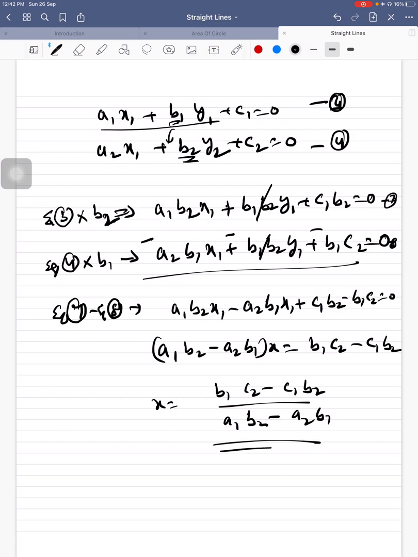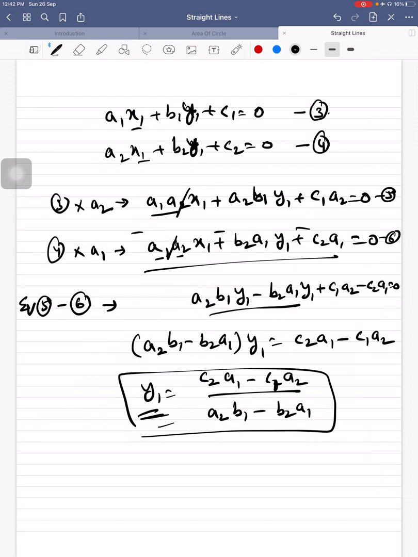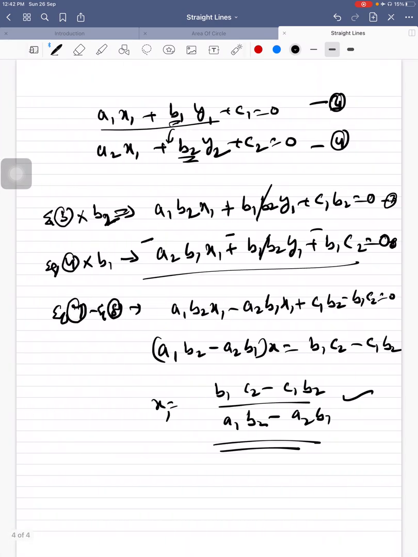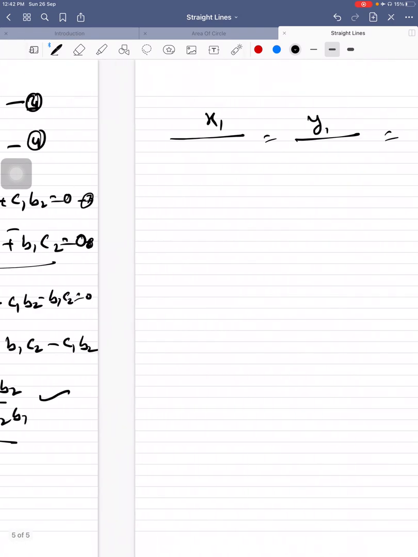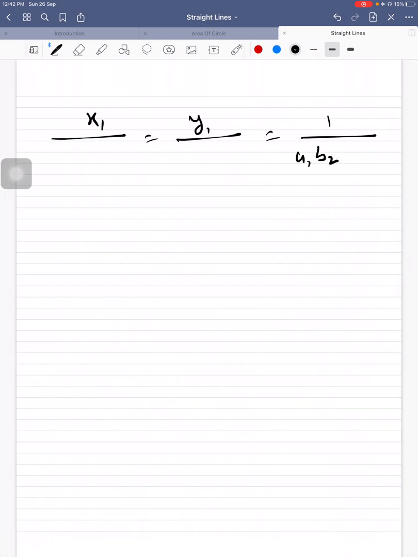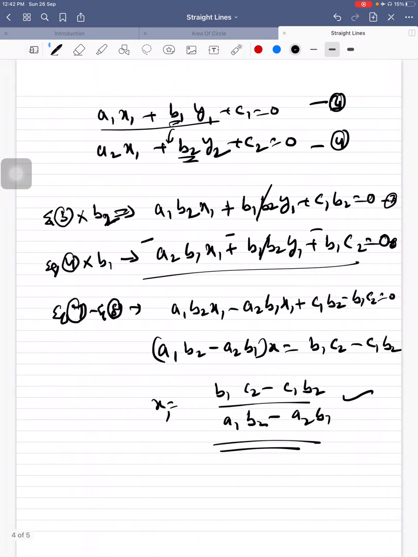This is x1, this is y1. The denominator in both is the same, so this can also be written as x1 by something equals y1 by something equals 1 by (a1 b2 minus a2 b1), which is common in both x and y.